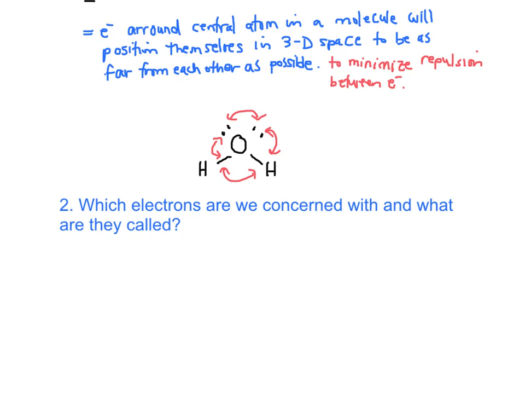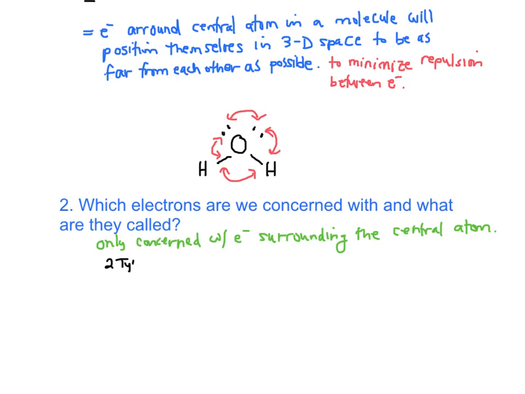All right, so let's talk about which electrons in a molecule we're concerned with. So first of all, we are only concerned with the electrons that surround the central atom. And there are basically 2 types of electrons that you will find around the central atom. The 2 types are the bonded electrons.